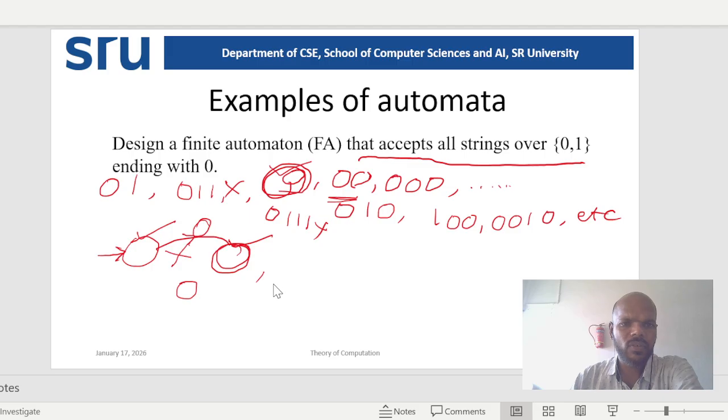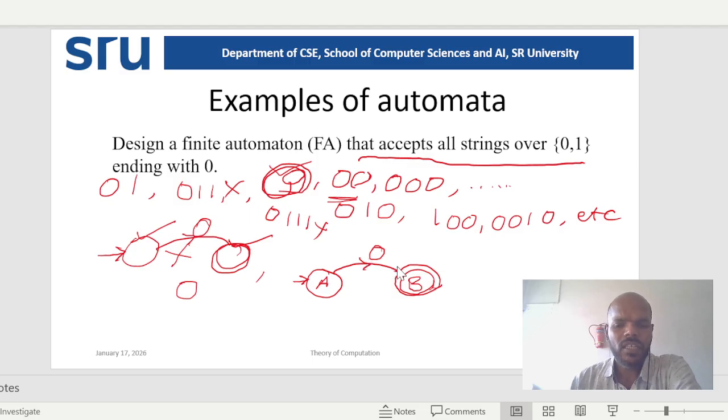So, next, what do we have to do? We have to design an automata with states. You can take any state with a name. Earlier I didn't name them, but now take state A and state B. A is the starting state and B is the ending state. Now you write a transition on 0.